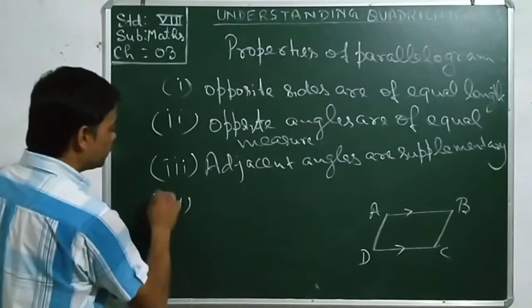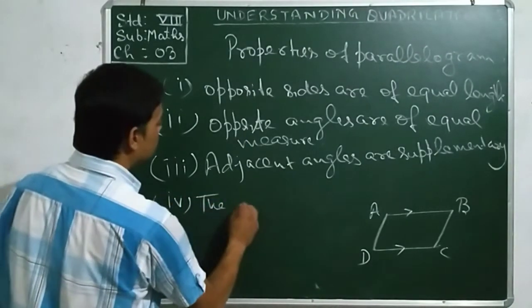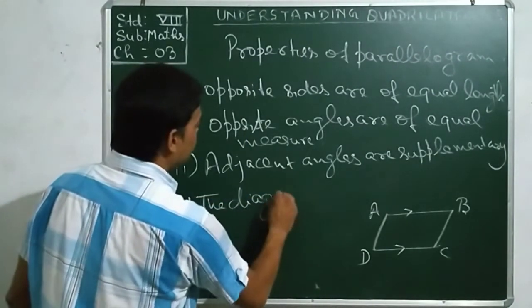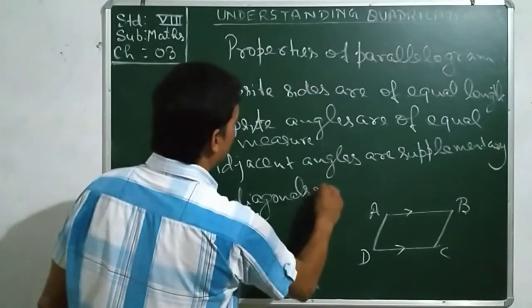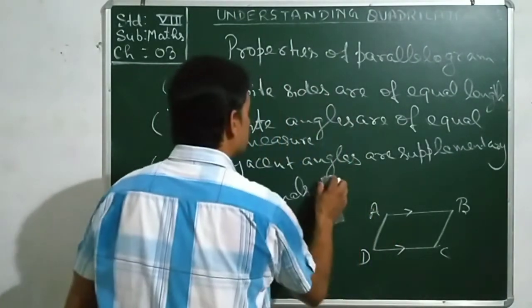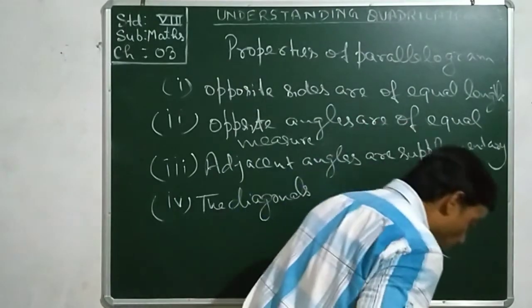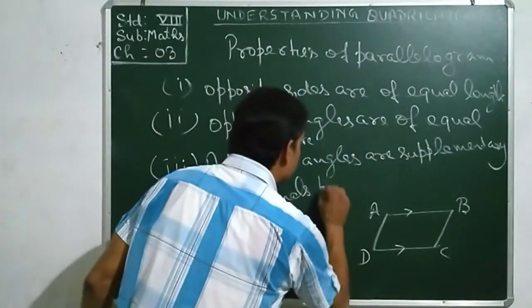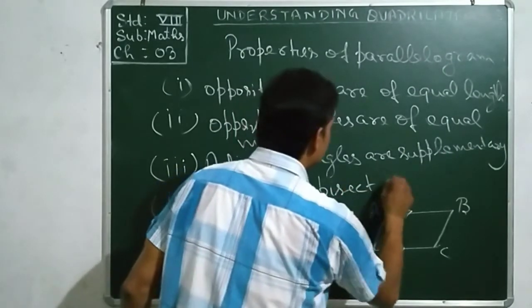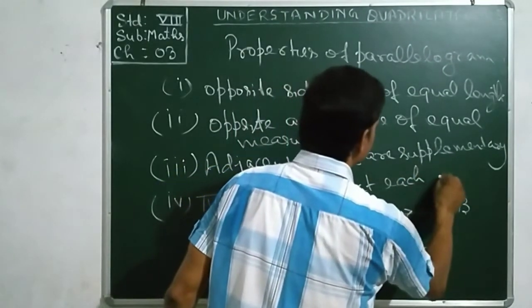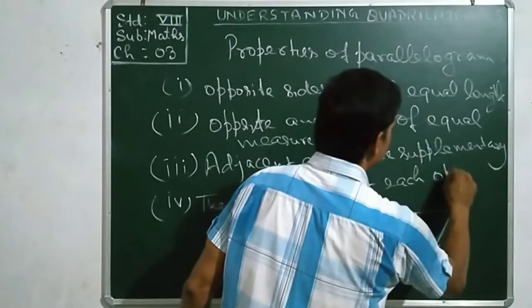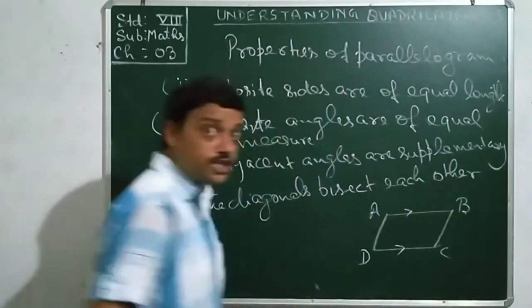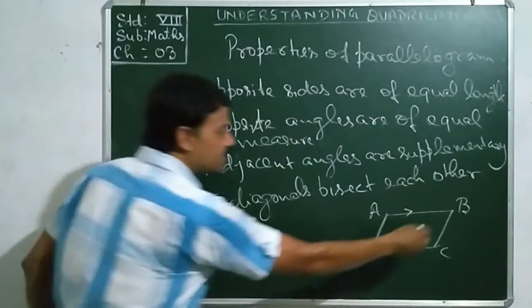The last property that we need to learn here is the fourth property: the diagonals of a parallelogram bisect each other. Of course, there is only one point of intersection.